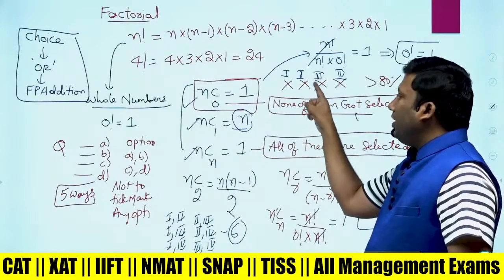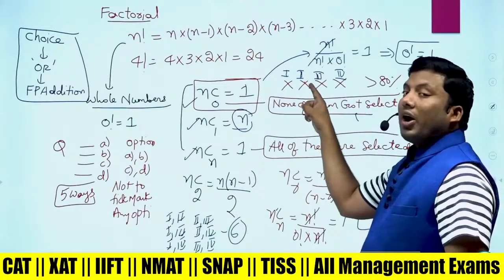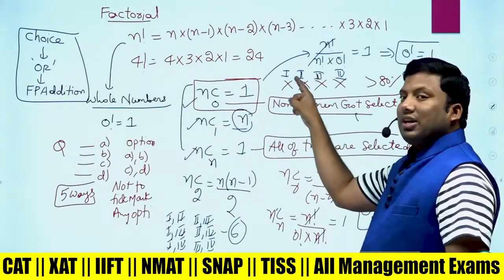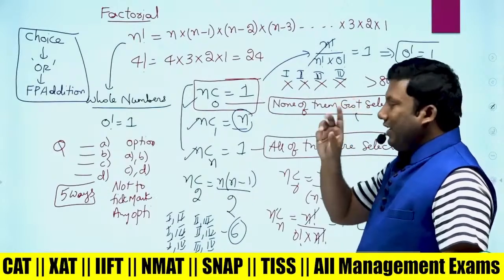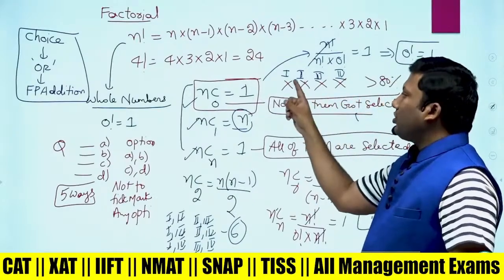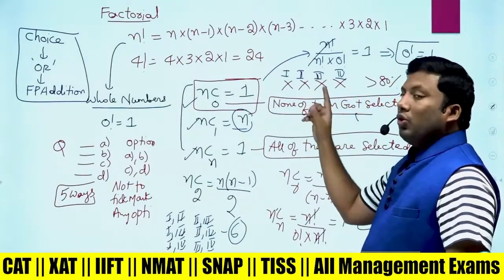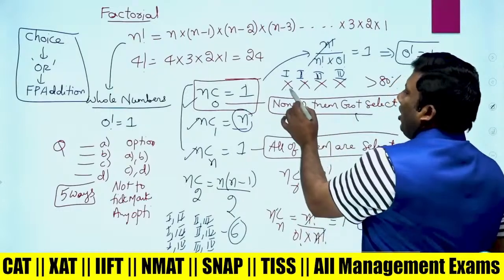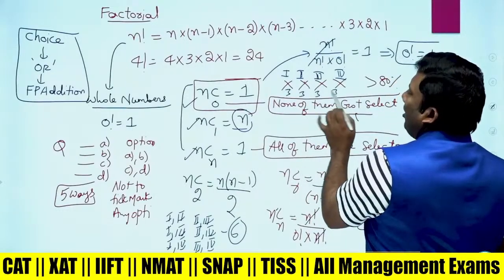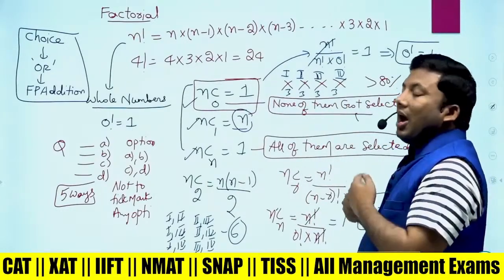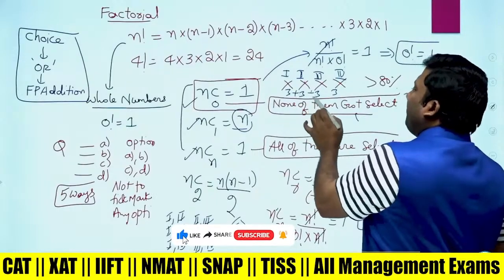3 into 3 into 3 plus choice. 1 with 2, 1 with 3, 1 with 4: 3 cases. Or 2 with 1, 2 with 3, 2 with 4: 3 cases. Or 3. 3 plus 3 plus 3 plus 3. Half of them are duplicated.